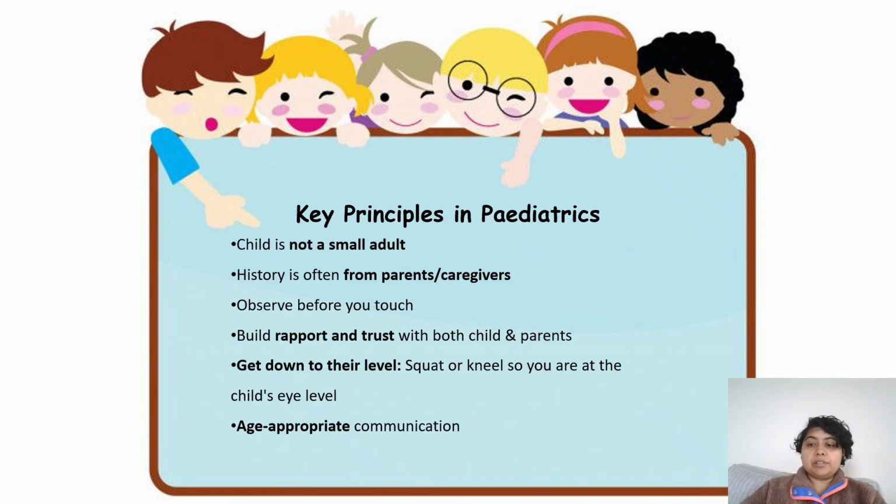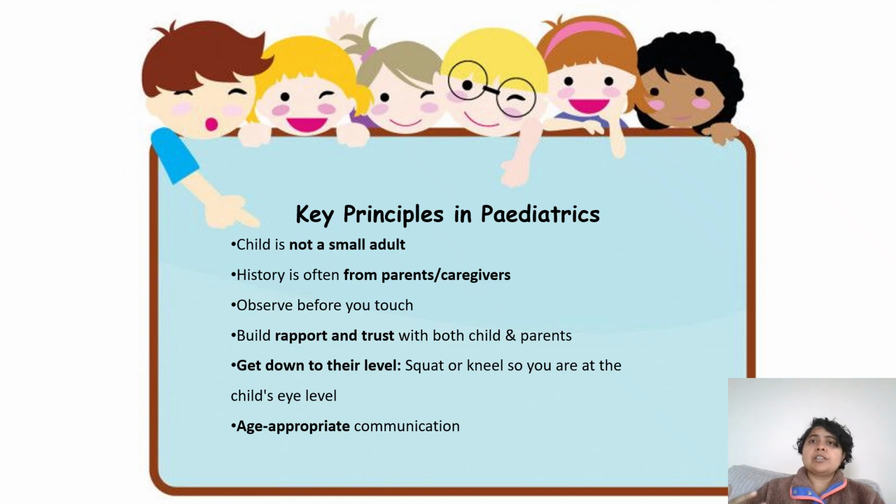So these are our learning outcomes from this tutorial, and the key principles in pediatrics. Children are not small adults, and the history, which is often taken from the parents and the caregivers, they are usually very good at it. It's also worth involving the child in the conversation to get them on board, which would make your history taking process much better.